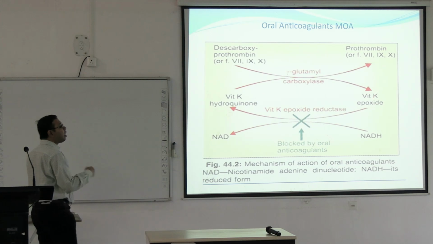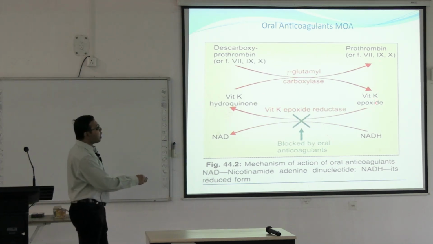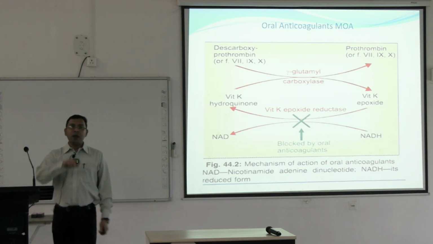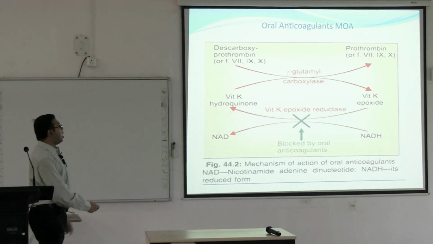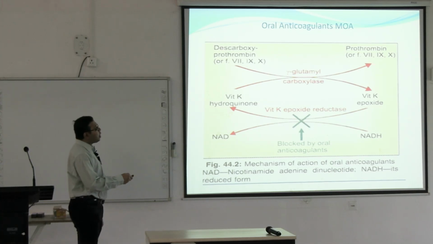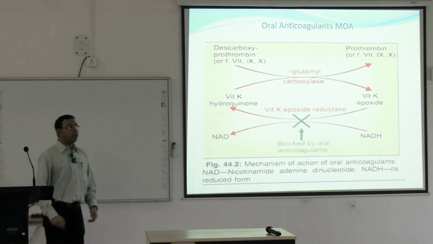Again, if the cycle is to be continued, the vitamin K epoxide again has to be converted to the vitamin K hydroquinone, and it continues within our body. And here the NADH is converted to NAD, and again the vitamin K hydroquinone is converted to vitamin K epoxide.